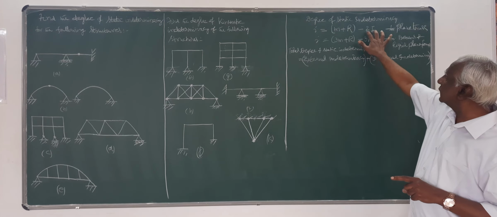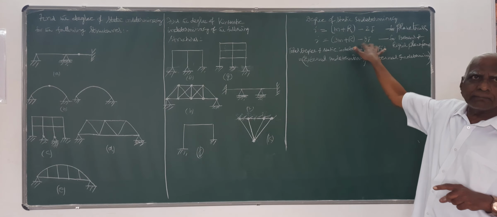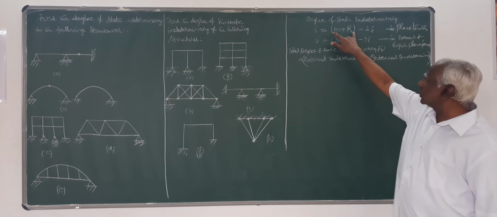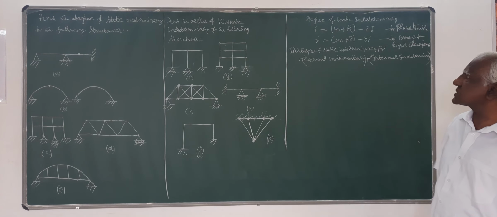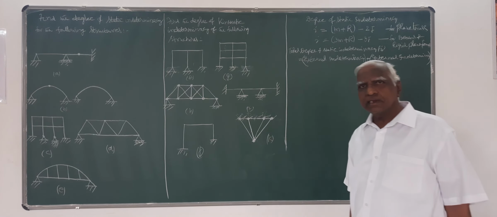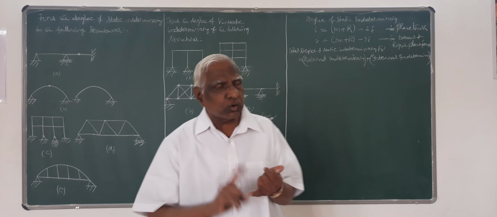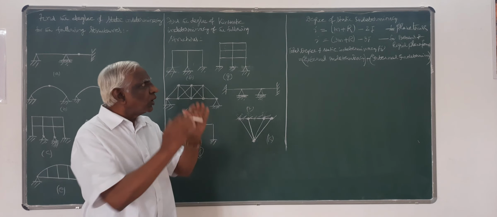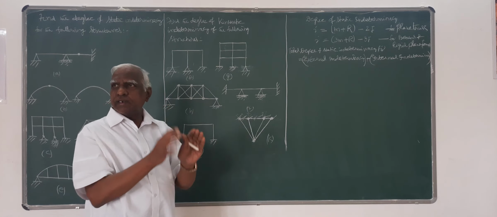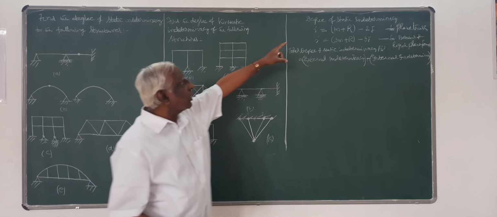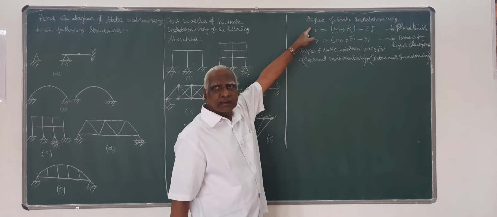Here, these are the equations of equilibrium available at all the joints of the structure. So total unknowns minus equations available, that is your degree of static indeterminacy. The number of unknown internal member forces and external support reactions put together, which you cannot determine by equations of statics, we call the degree of static indeterminacy.